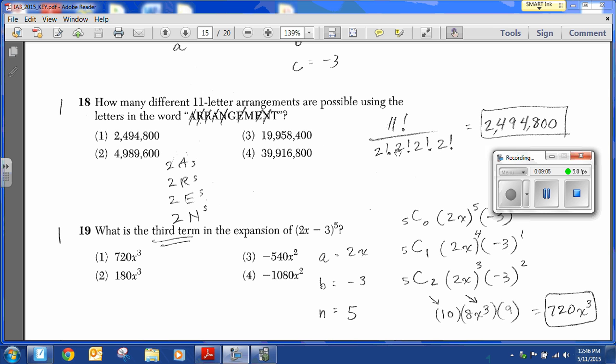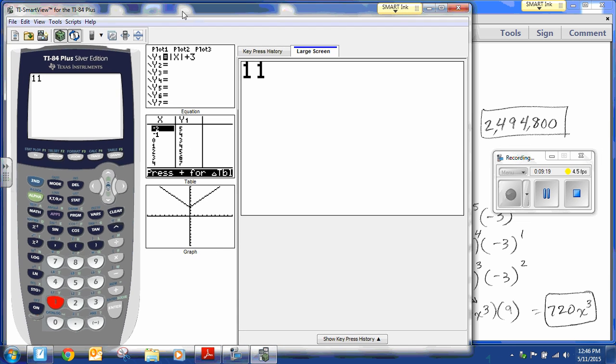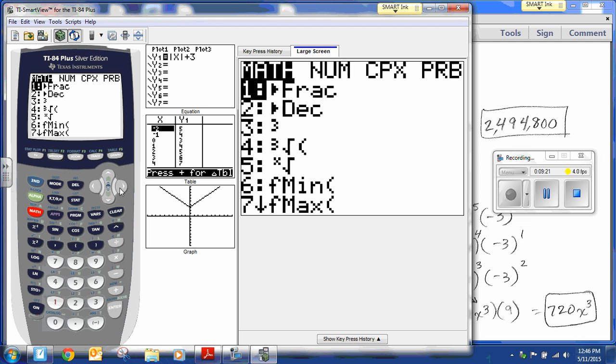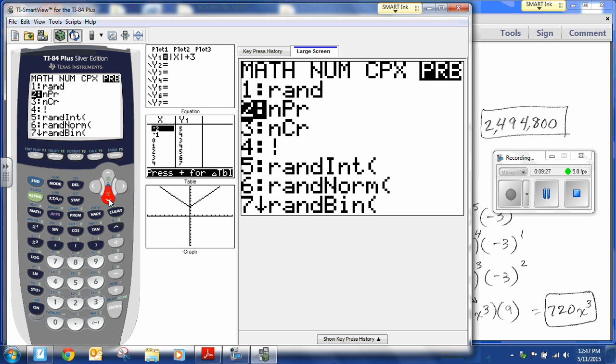So we have 2 A's, so it's 2 factorial. 2 R's, so it's 2 factorial. And the other 2's are there. So we end up with 11 factorial over 2 factorial times 2 factorial times 2 factorial times 2 factorial. In order to use factorial, we go to probability again, and here it is.